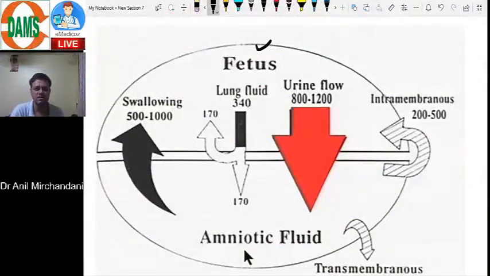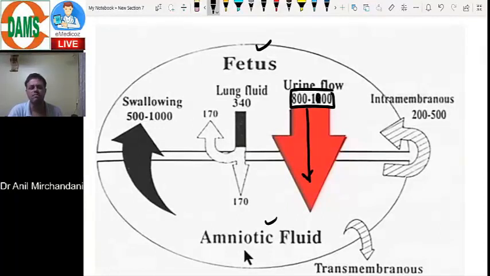So here is the fetal compartment, and here is amniotic sac. So urine is the most important source of amniotic fluid, 800 to 1000. Actually speaking, the figure is 600 to 1000. I'll write again, 600 to 1000. Okay, that is the most important source.